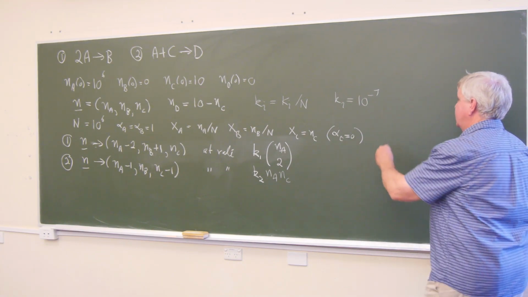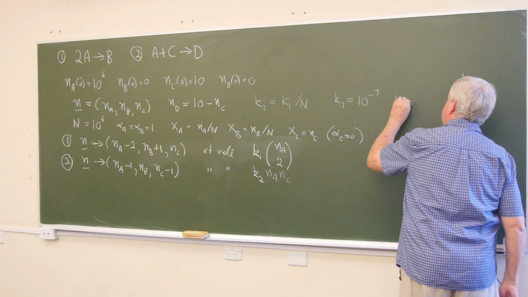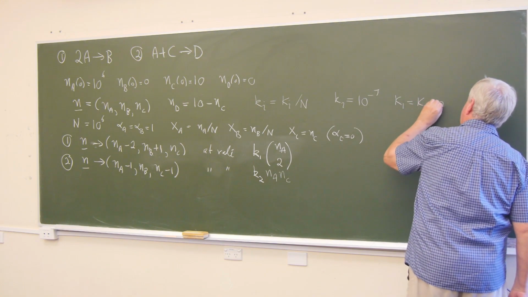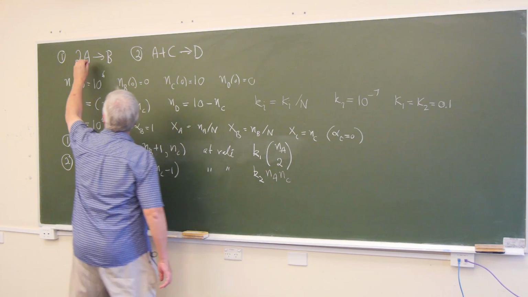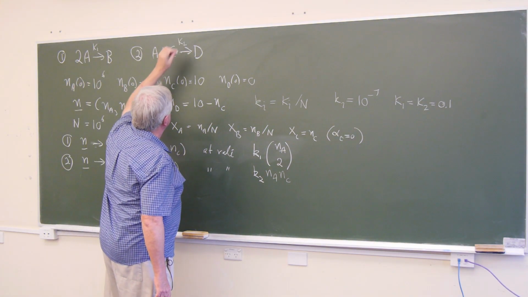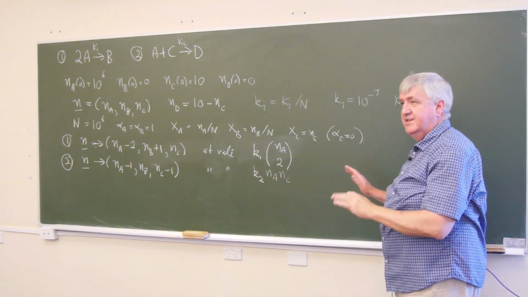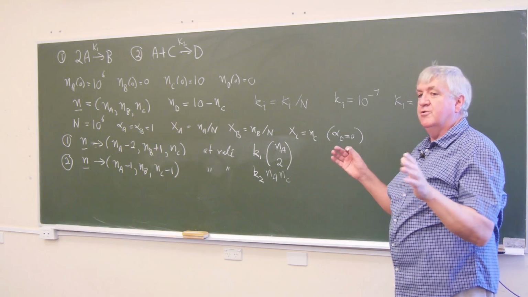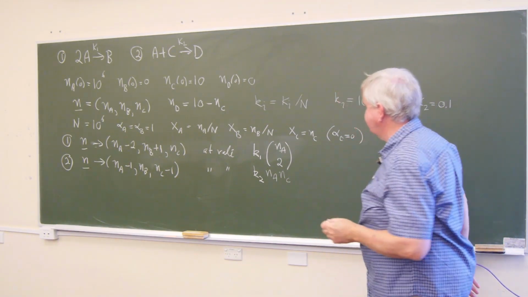So kappa 1 and kappa 2 are both 0.01. I'll put them up here. They're a proxy, if you like, for this particular way of setting it up, for the usual reaction rates that you see in chemistry texts.